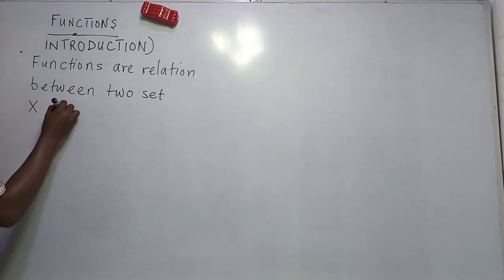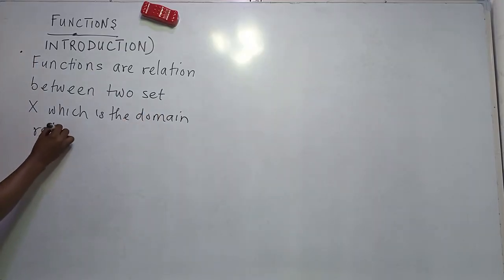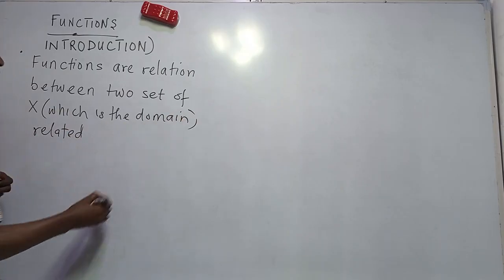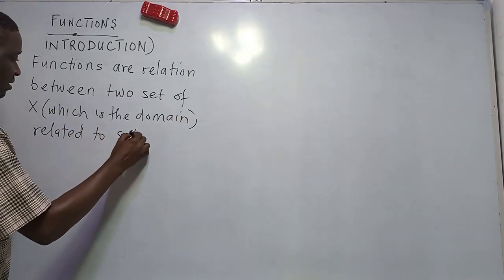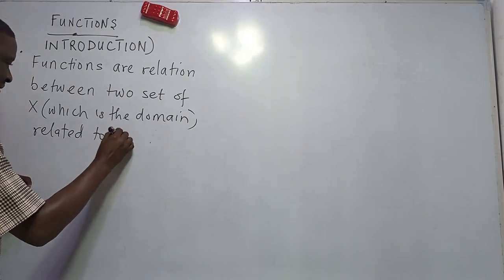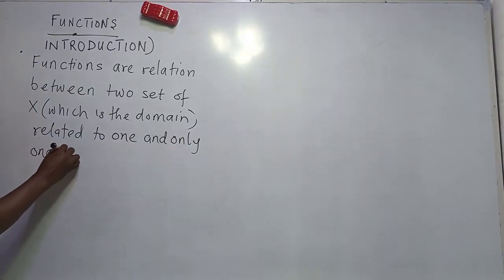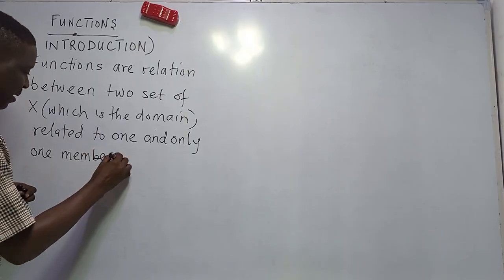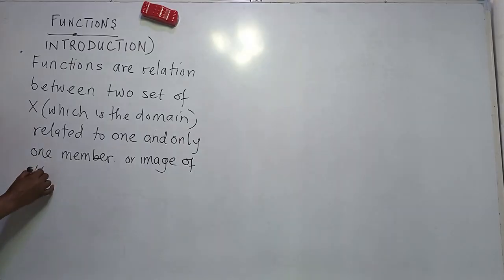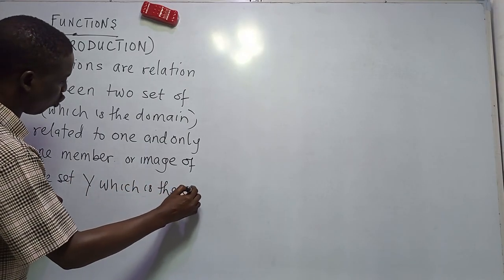X, which is the domain, is related to set Y. That means it must be related to one and only one member or image of the set Y, which is the codomain.